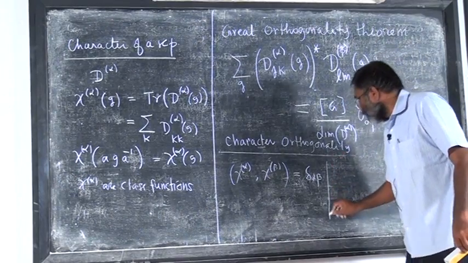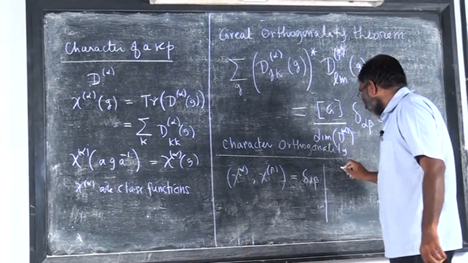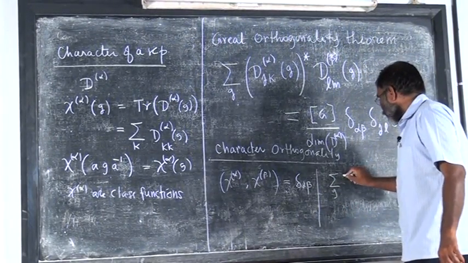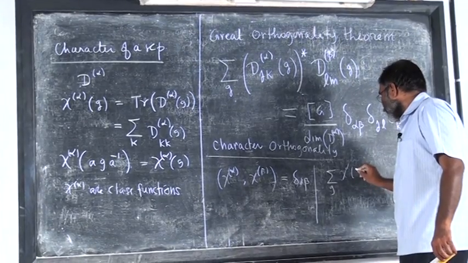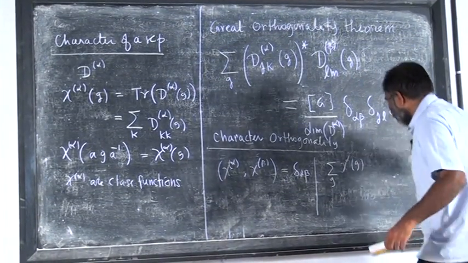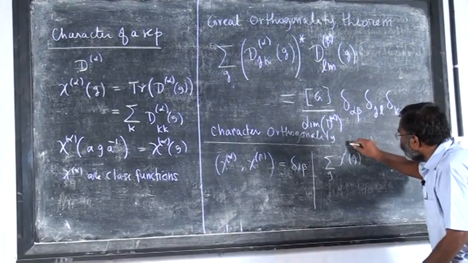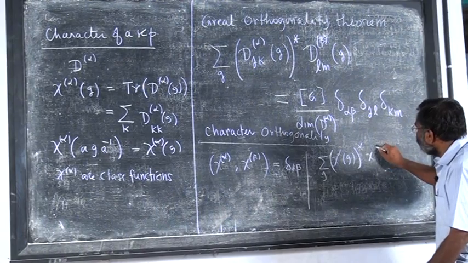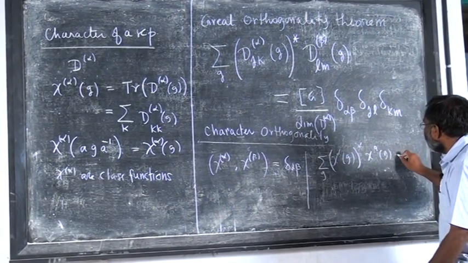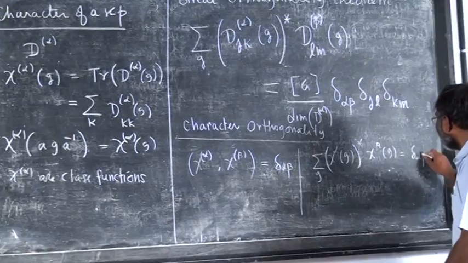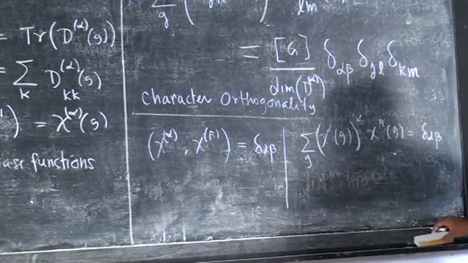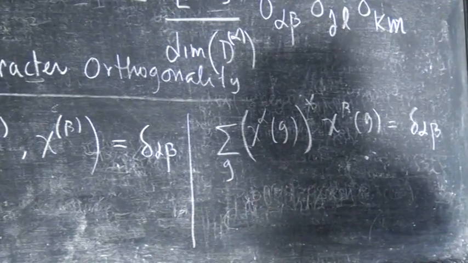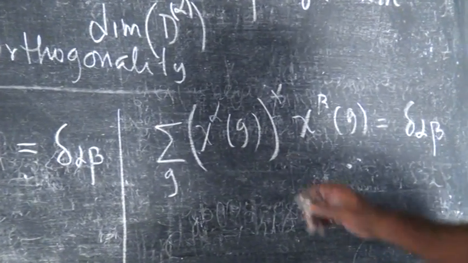You can also write this as sum over G of chi alpha of G star into chi beta of G is equal to delta alpha beta. But instead of summing over all G, if I sum over only classes, then what happens?